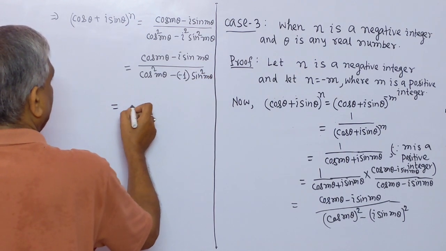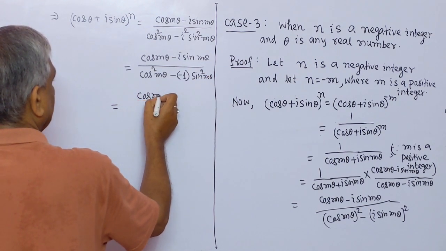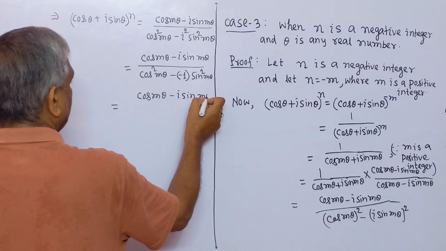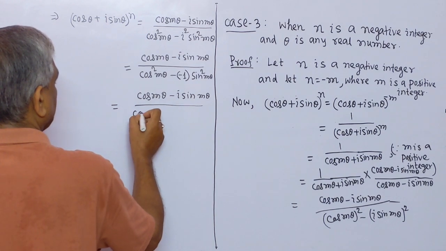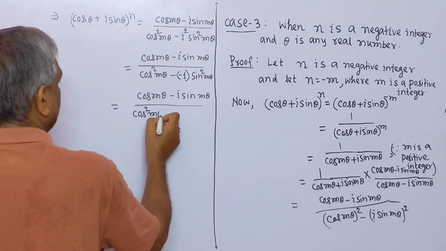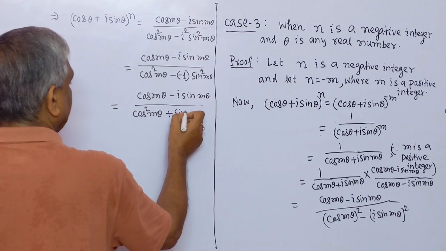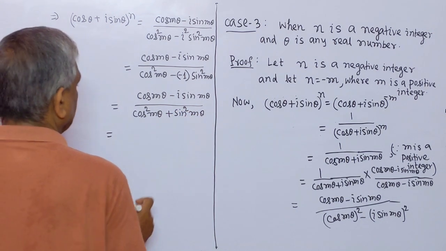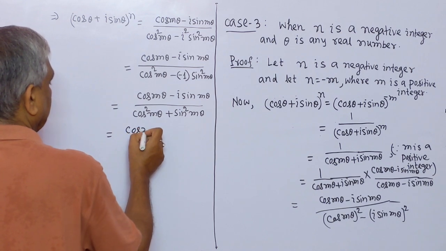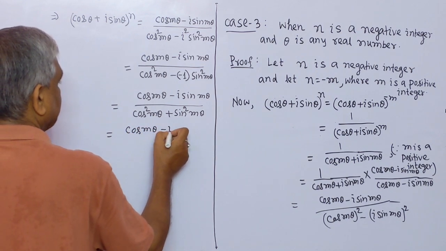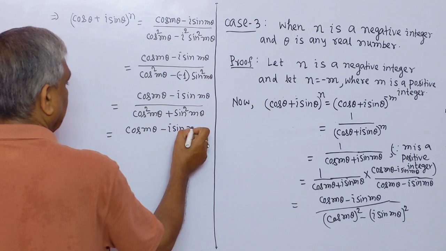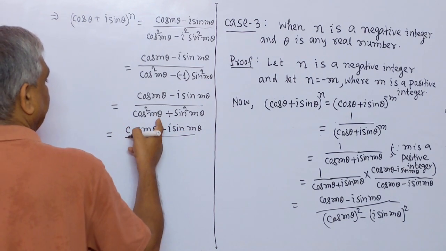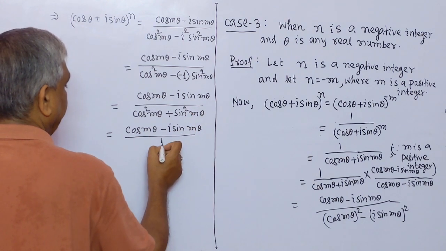This equal to (cos m theta minus i sin m theta) by (cos square m theta plus sin square m theta), this is equal to (cos m theta minus i sin m theta) by 1, since cos square m theta plus sin square m theta equal to 1.